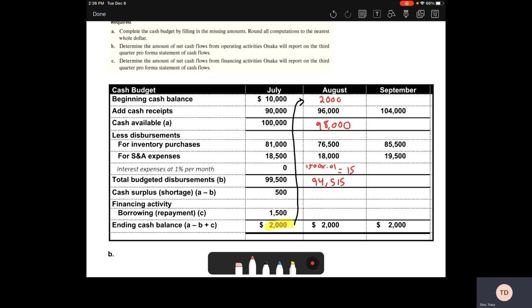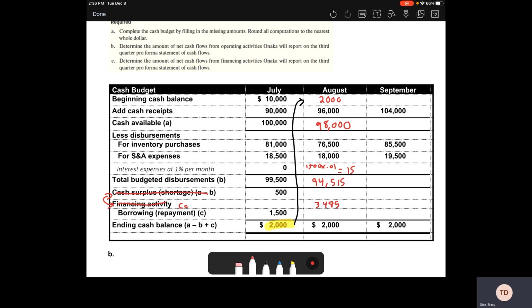So then our shortage or surplus, you should see that these two are flipped on yours. When we take 98,000 minus the 94,515, we should end up with a surplus of $3,485. I'm going to actually switch these.